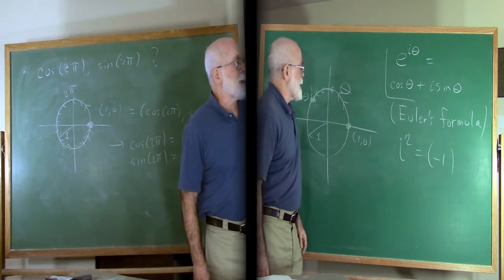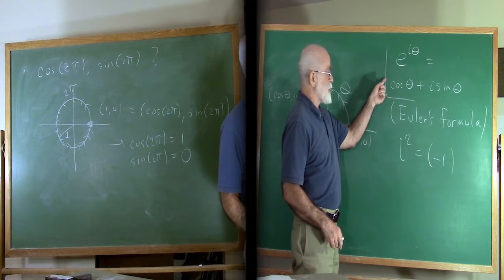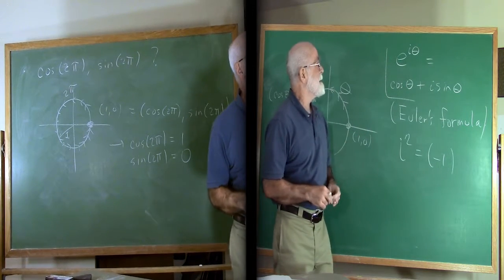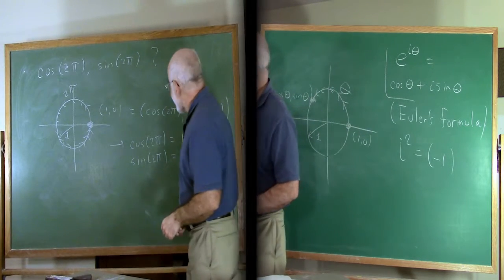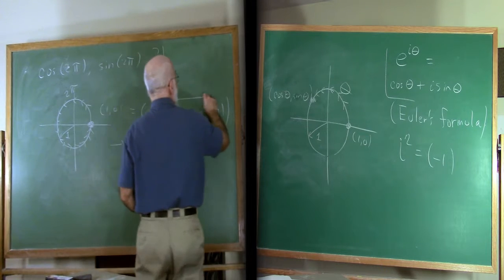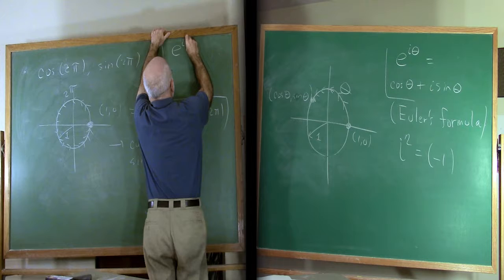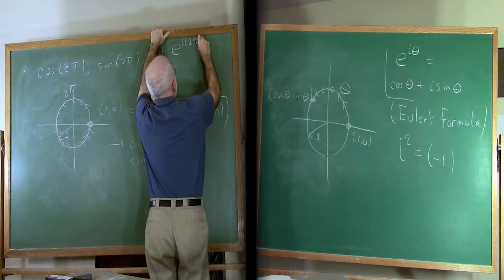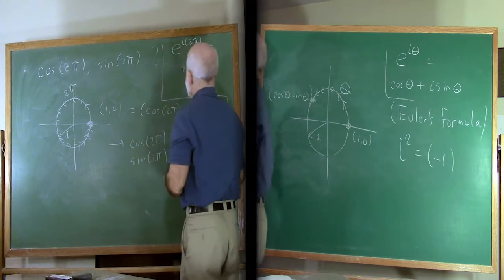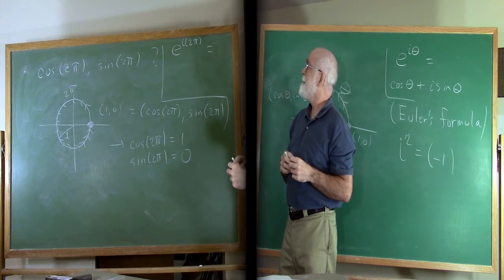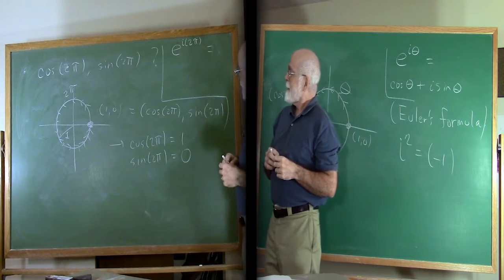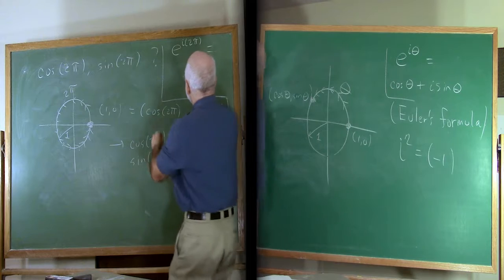And while we're here, we might as well see what Euler's formula has to say. Let's see, e to the i theta, let's squeeze it in here. Theta here is 2 pi. e to the i 2 pi. First we write down the cosine of 2 pi, 1.